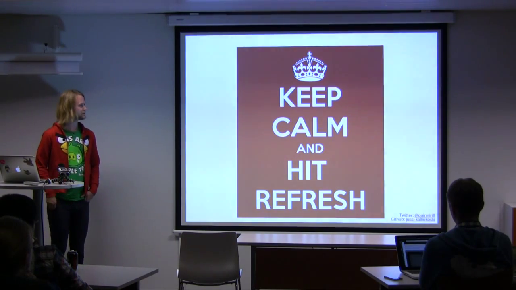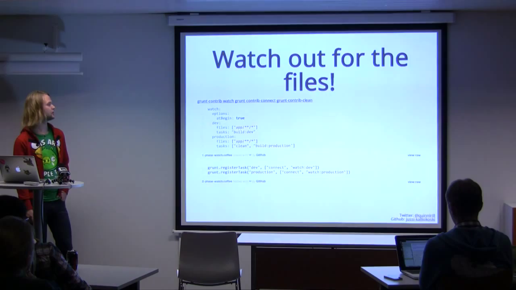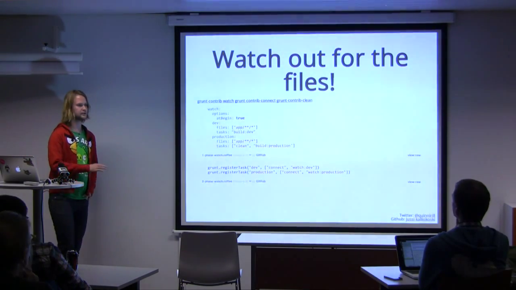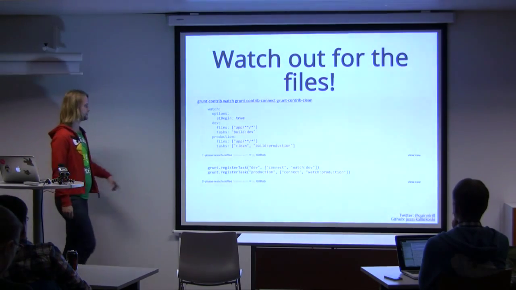So what we did now was basically we broke the refresh button. We have this build phase you definitely don't want to do every time you make changes to your files. So there's also a tool for that in Grunt called Grunt Watch, which basically you give the file pattern, like here.